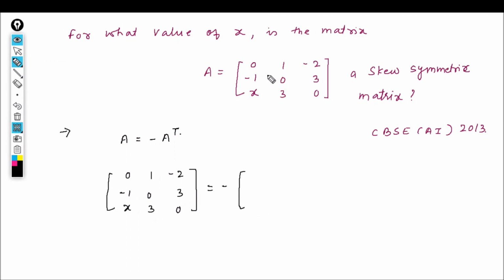So if we interchange rows to columns, we get transpose of given matrix. So it will be 0 1 minus 2, minus 1 0 3, x 3 0.